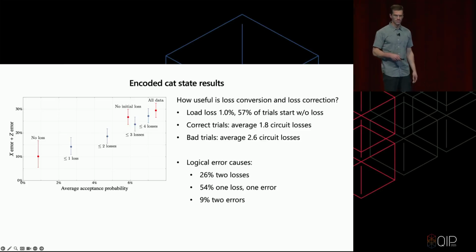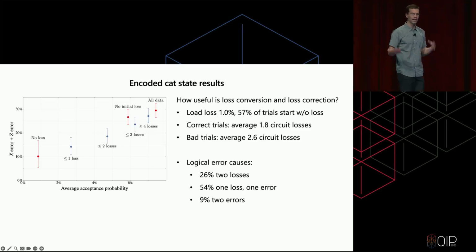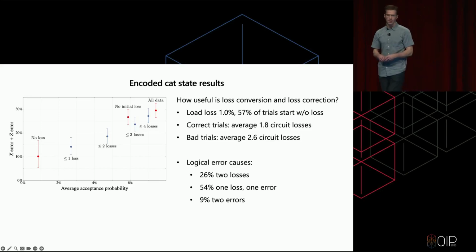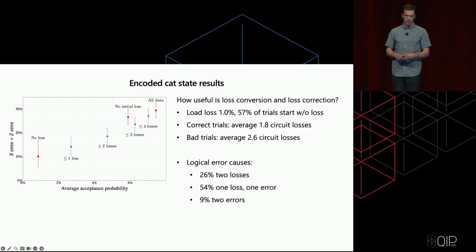Some more statistics as well: how often are we actually correcting losses? Is loss correction actually happening? In fact, it is. So the load loss was about 1% in this experiment, a bit higher than we'd like, but so be it. In correct trials, on average, there were 1.8 atoms that were lost.